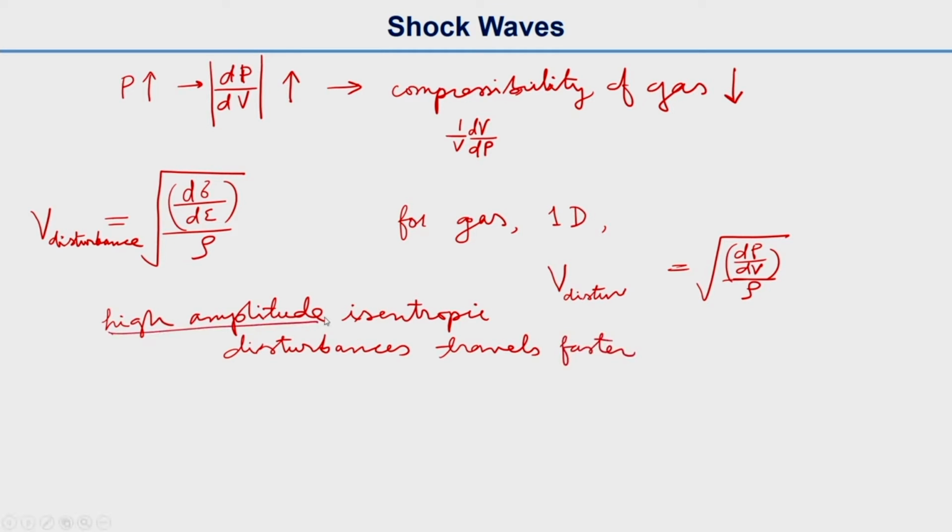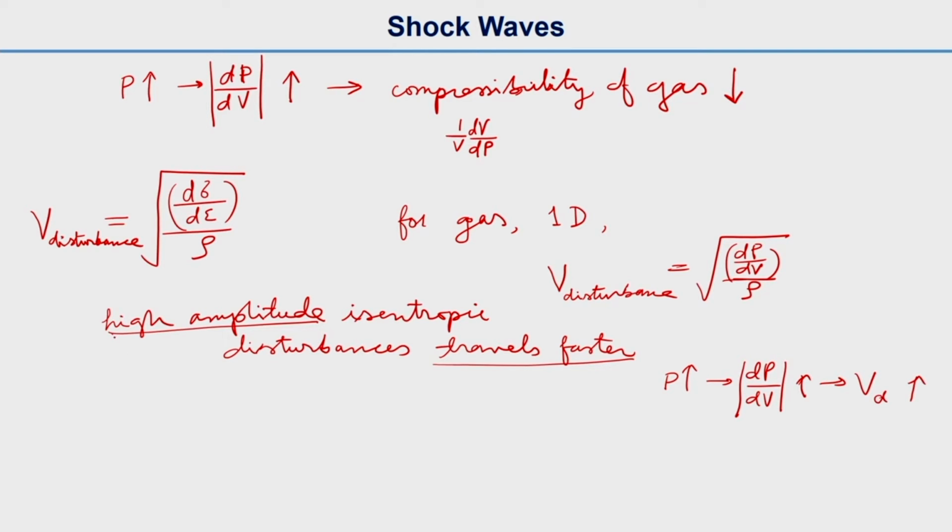High amplitude means you have a high pressure, and as you can see from here, if pressure increases, dP/dV increases, so the velocity of disturbance, Vd, will be higher, or it will travel faster.